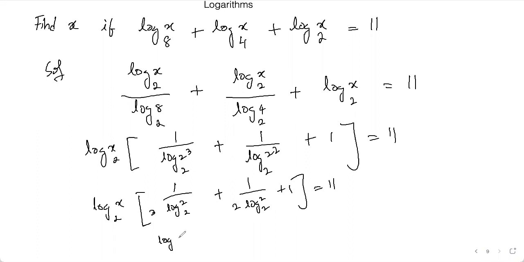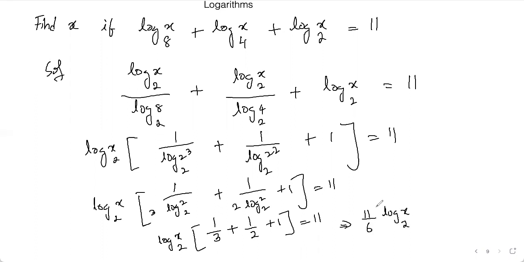this will be log x to the base 2. This is 1 by 3, and this is 1 by 2, and this will be plus 1, right? Which is equal to 11. Now, when you simplify this, you'll get 11 by 6 log x to the base 2, which is equal to 11.